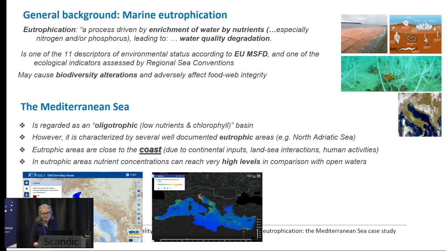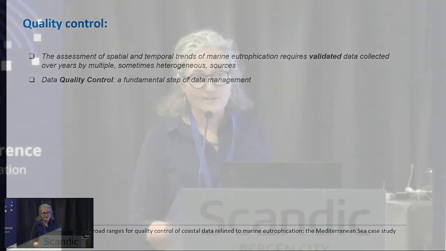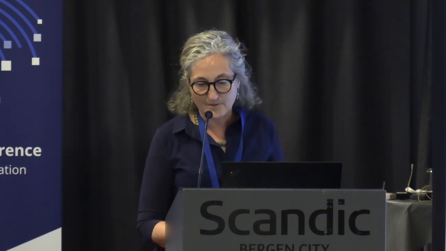So, to assess eutrophication at a basin scale, there is of course a need to use multiple data sets from heterogeneous sources, also collected over years. So data quality control is of course a fundamental step in data management.